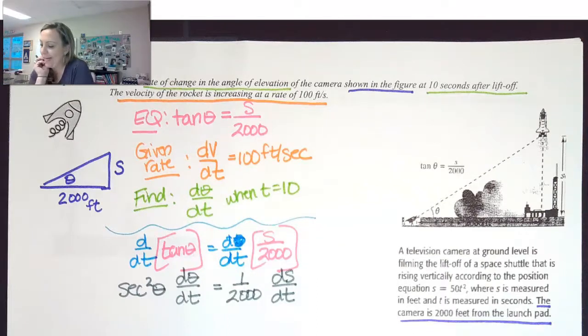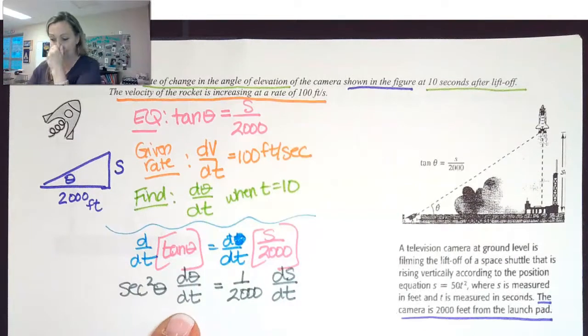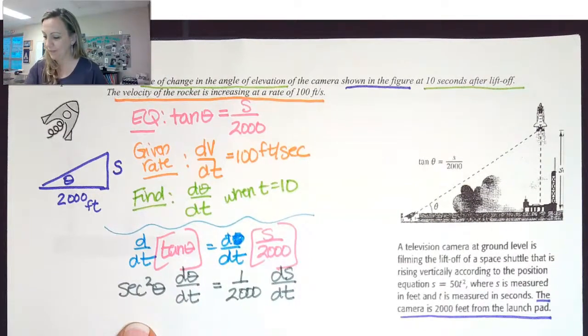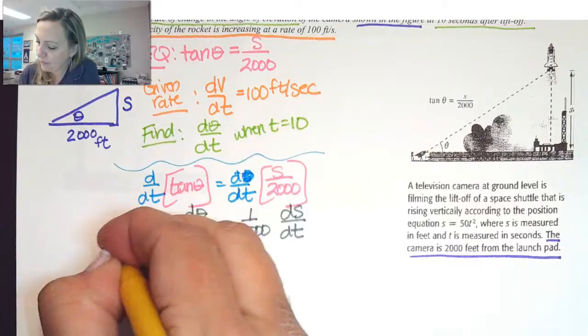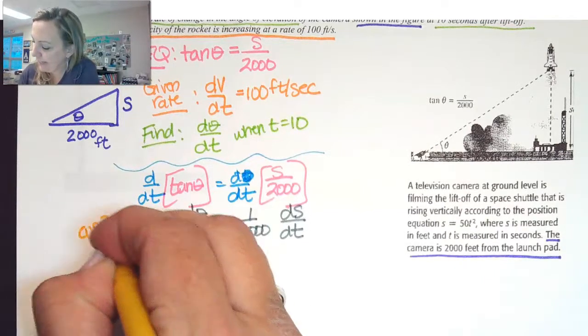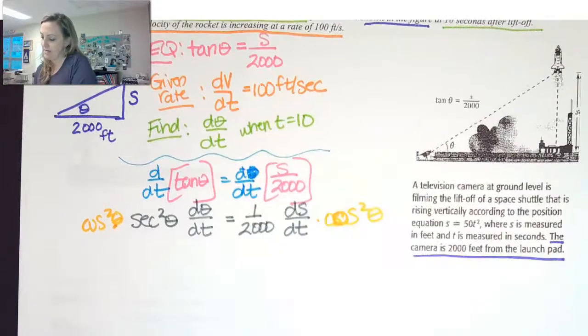We're finding d theta dt, so we want to isolate that. I will need to get rid of this secant squared theta. Remember that secant is the reciprocal of cosine, so multiply both sides by cosine squared theta.